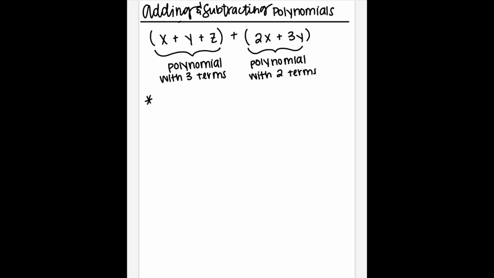The basic idea of adding and subtracting polynomials is that you're combining like terms. So like terms is going to be important. Let's do an example.